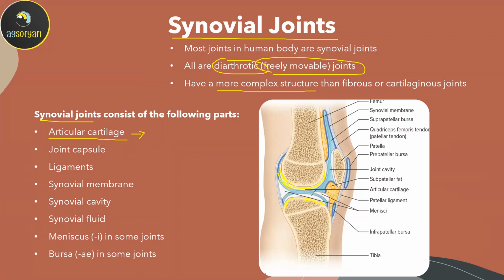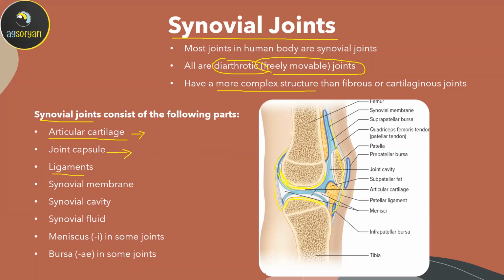Then the second part is what we call the capsule, the capsule that covers the joint area. This is what we call the joint capsule or articular capsule. The next one is ligaments.